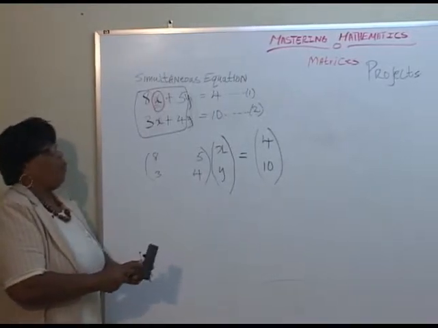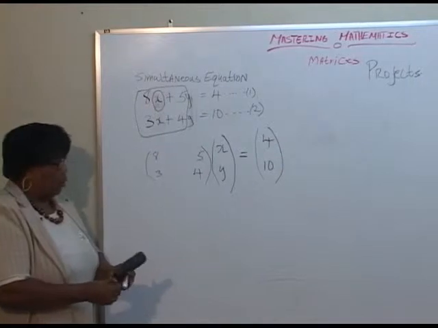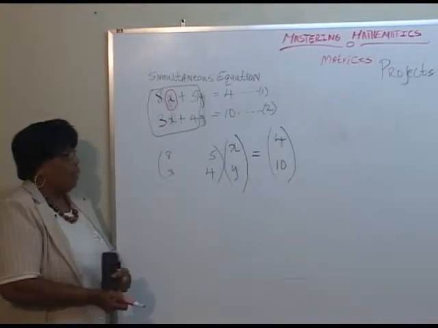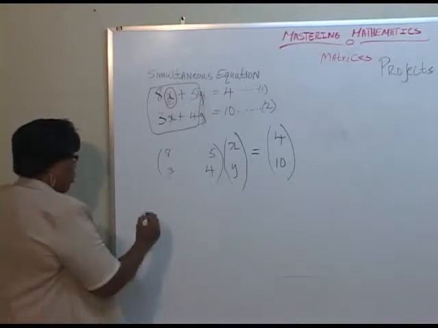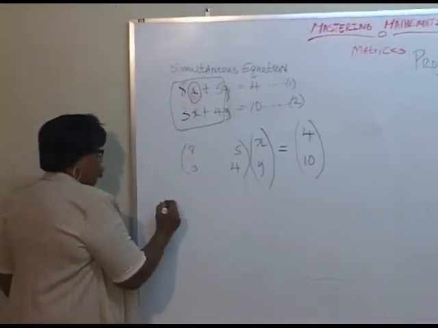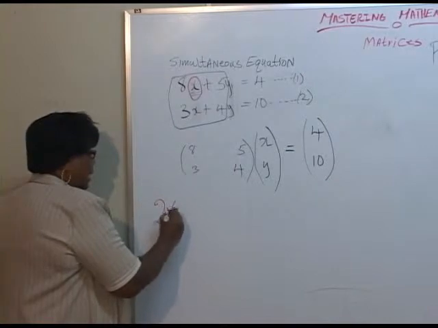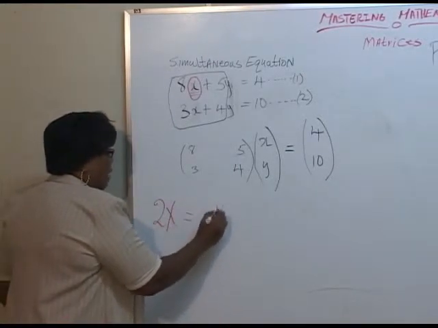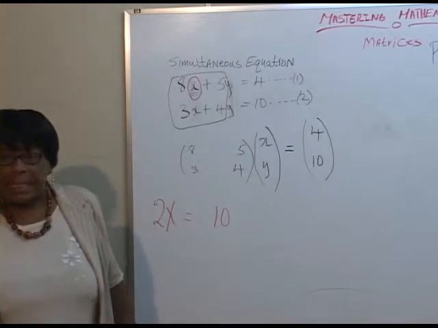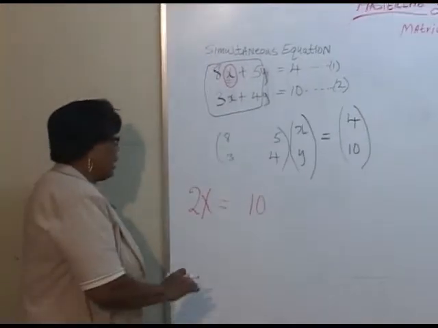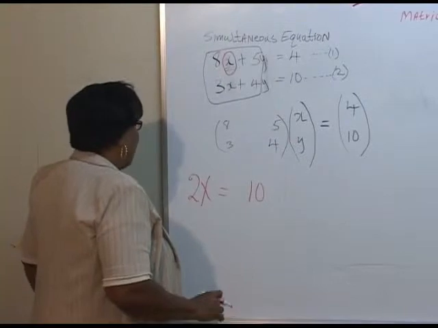Now, we have to go very slowly because I want you to get this. If we had an equation, and so let's just show you, 2x is equal to 10, and we wanted to find x, you would have been saying divide both sides by 2.